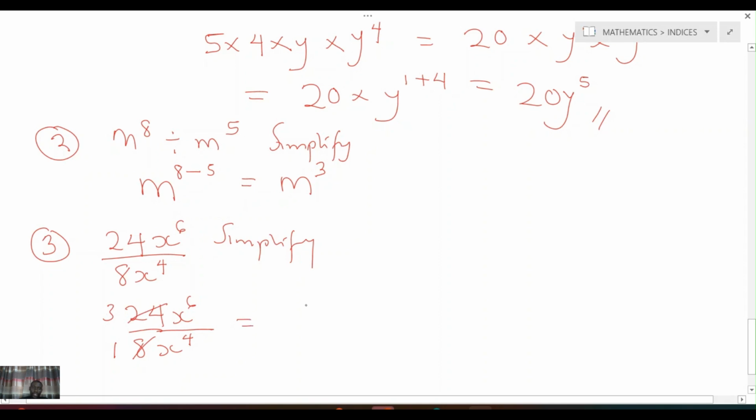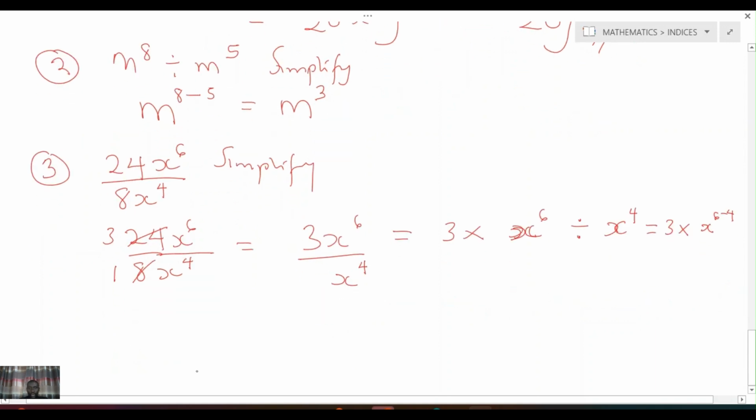Now we have 3x raised to power 6 divided by x raised to power 4. And we know that this is the same thing as 3 times x raised to power 6 divided by x raised to power 4, which will be equal to 3 times x raised to power 6 minus 4, because they are dividing each other, right?